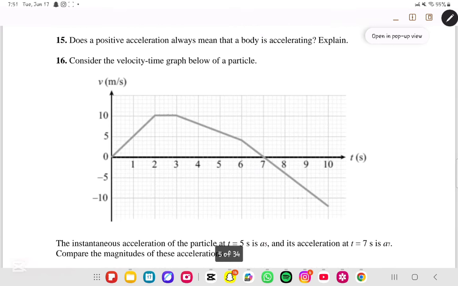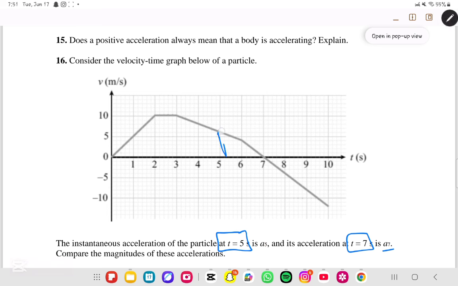Question number 16. Consider the velocity time graph of a particle. The instantaneous acceleration of the particle at time 5 seconds is a5 and its acceleration at time 7 is a7. Compare the magnitudes of these accelerations.